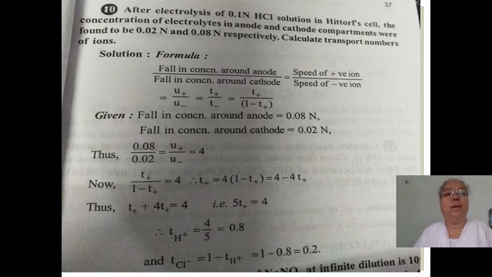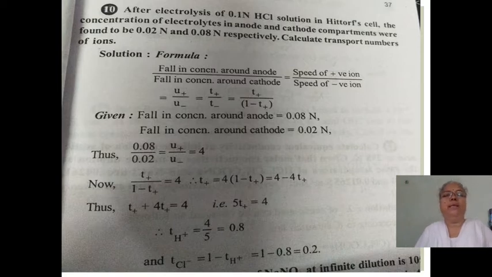In the last lecture we have seen the problems on calculation of transport number by Hittorf's method, as well as determination of transport number by the moving boundary method.